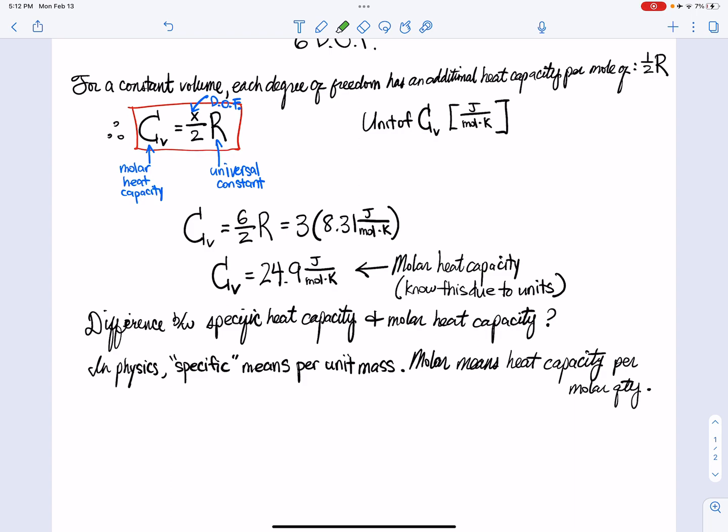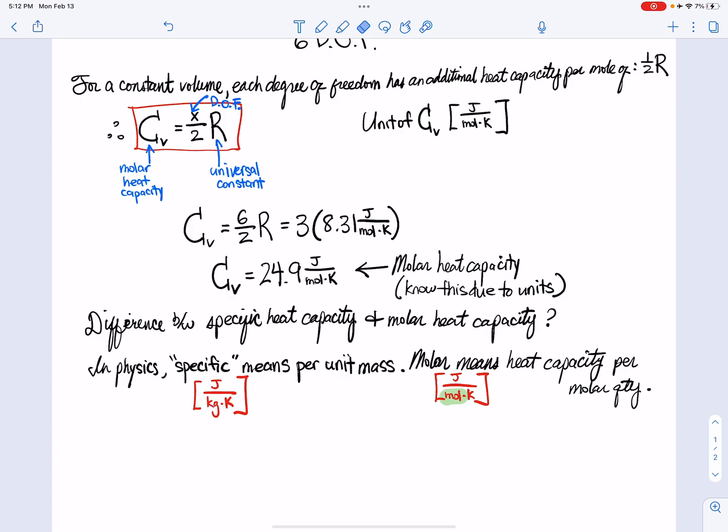So actually, the units for specific heat capacity is joules per kilogram Kelvin. And for molar heat capacity, the unit is joules per mole Kelvin. And as you guys can see, the only difference is specific is per unit mass.